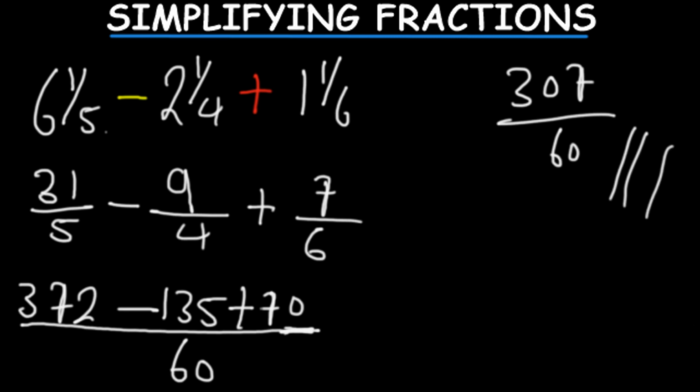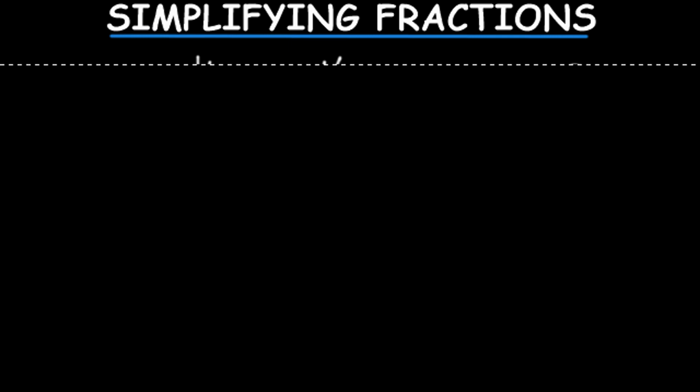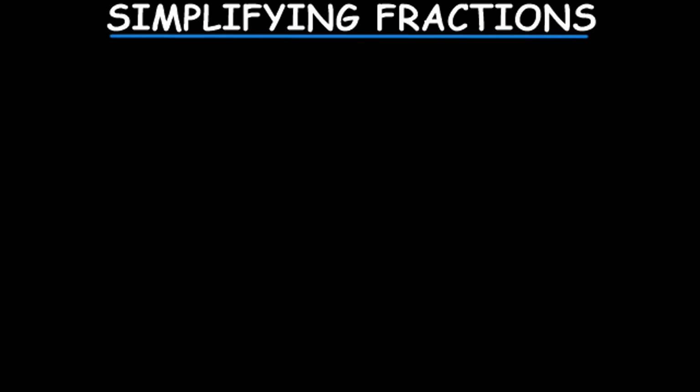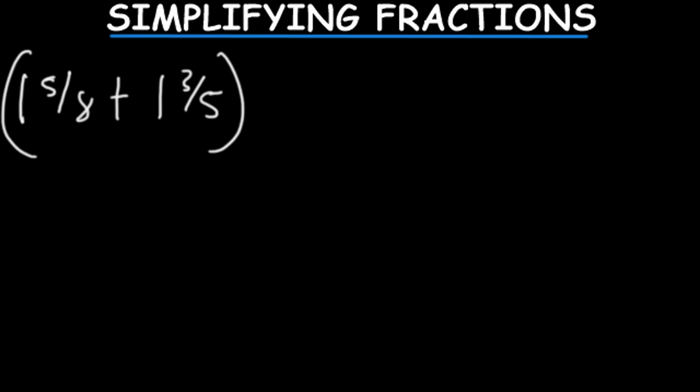Let's work out one more example. Okay, so let's say we have one whole number 5 over 8 plus one whole number 3 over 5, then divided by 5 whole number 3 over 8.